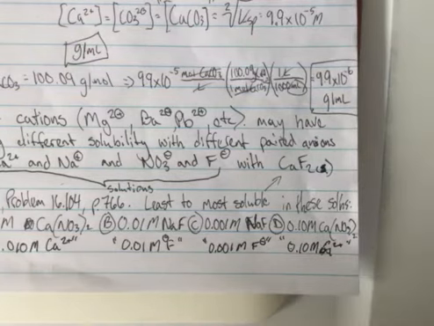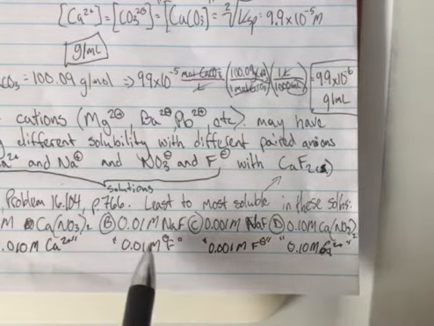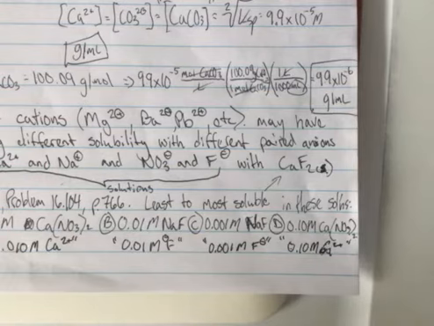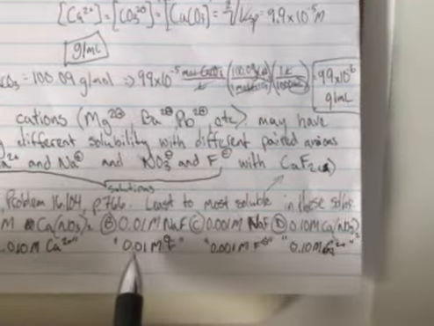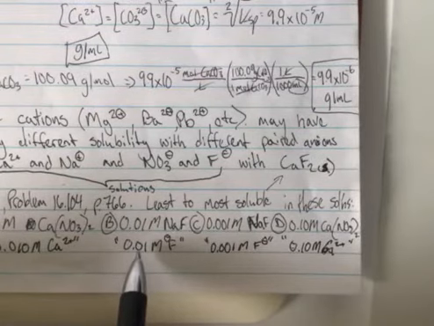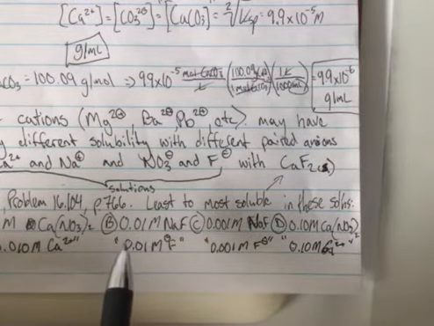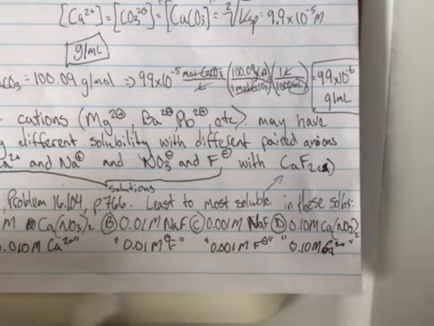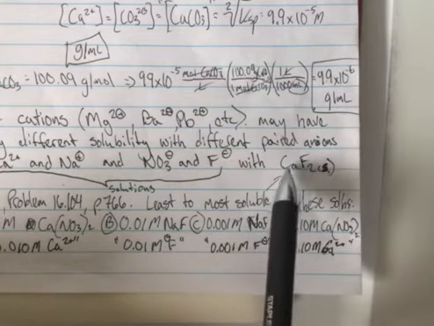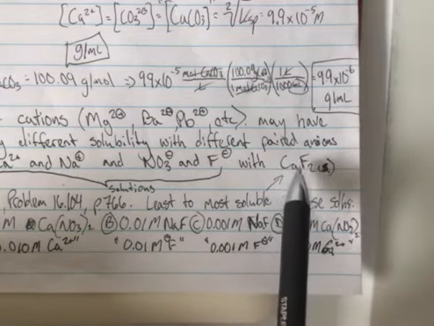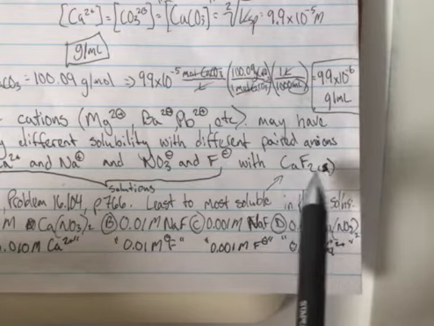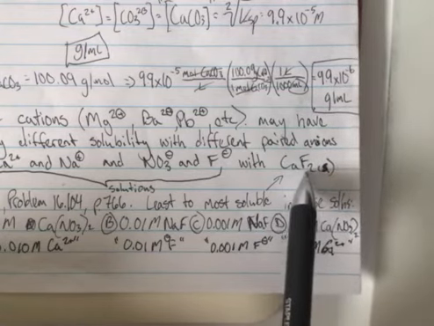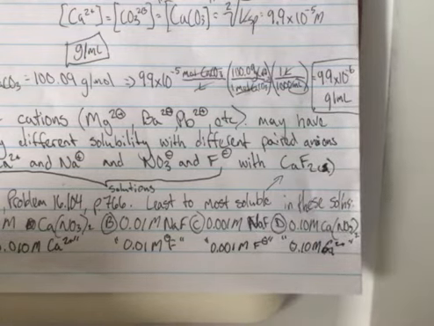So between the A and B solutions, calcium fluoride is going to be more soluble in the 0.01 molar fluoride anion as opposed to calcium 2 plus, because you only need one equivalent of calcium, but you need two equivalents of F minus in order to dissolve it.